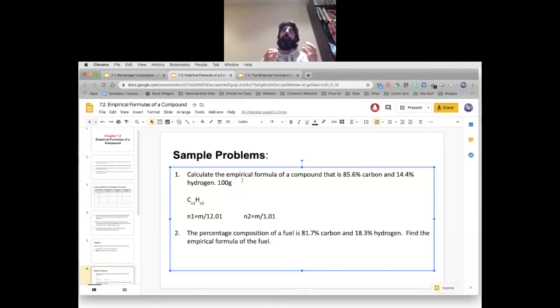So if they're based on a 100 gram sample, what would the mass be of carbon? The mass for carbon would be 85.6 grams. So we have the grams and then the grams per mole, and so grams would cancel out to give us moles.